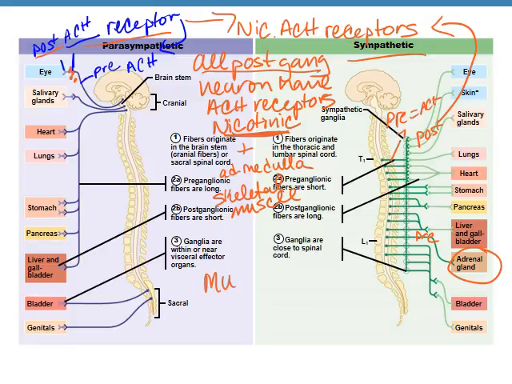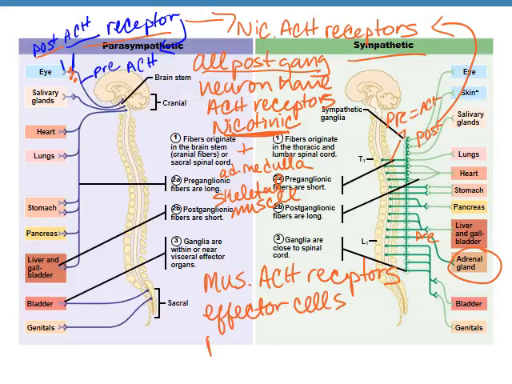When we talk about the muscarinic acetylcholine receptors, we said they were on the effector cells stimulated by post-ganglionic neurons. Well, remember, this pre releases acetylcholine.